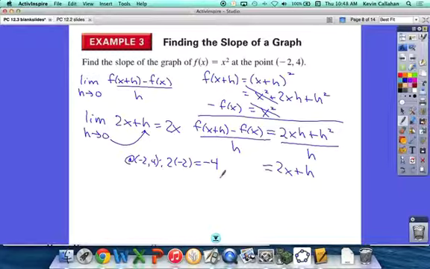Now, when you calculate the slope and you don't have an x value plugged in already, you're going to get a formula for the slope, right? And now that formula has got a name. Okay. That formula's got a name.